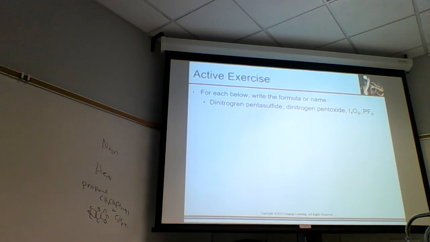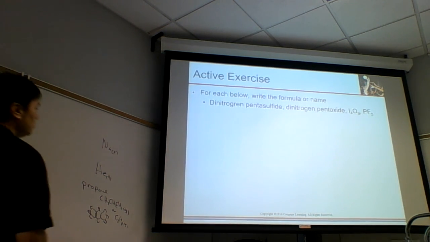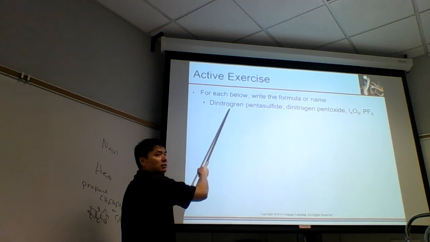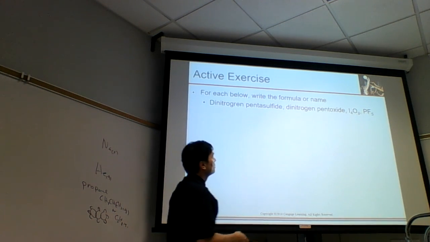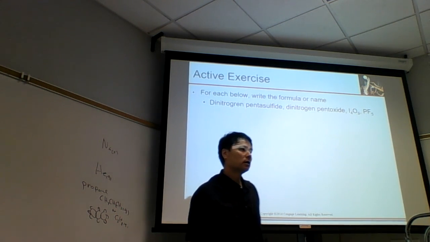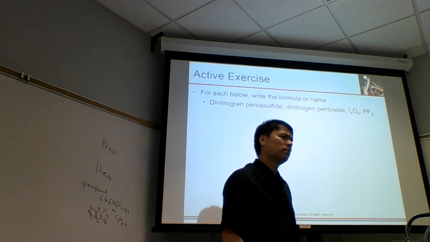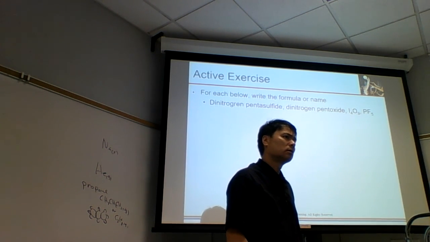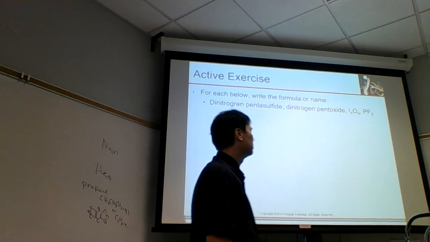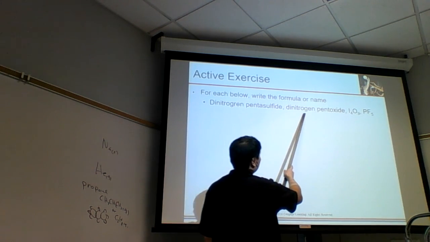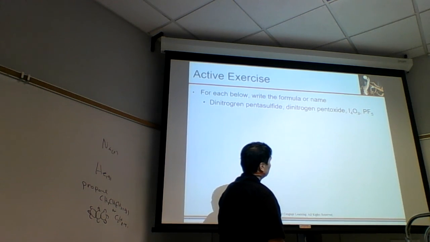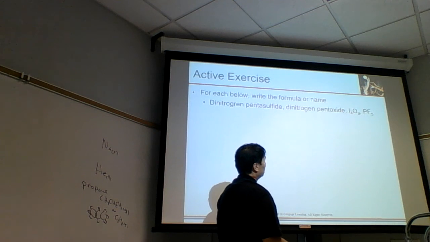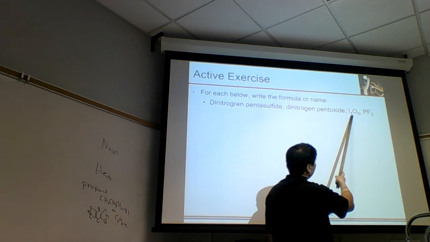And so, dinitrogen pentasulfide. What's the formula for dinitrogen pentasulfide? N2S5. That's good. Do you predict that to be molecular or a lattice? It's molecular. How about this one? Dinitrogen pentoxide. N2O5, it's also molecular. What would I4O9 be called?